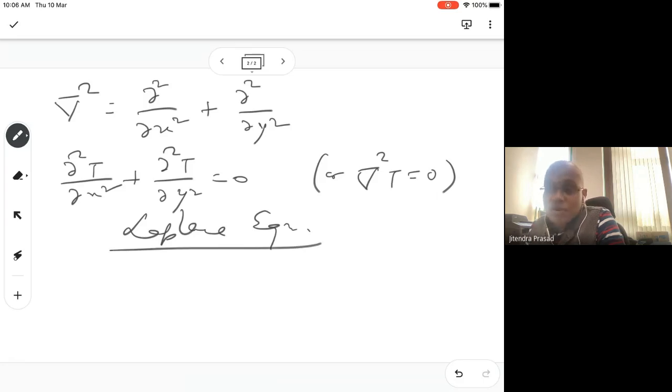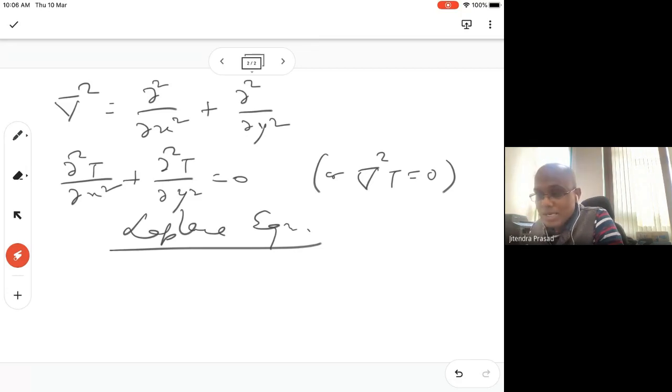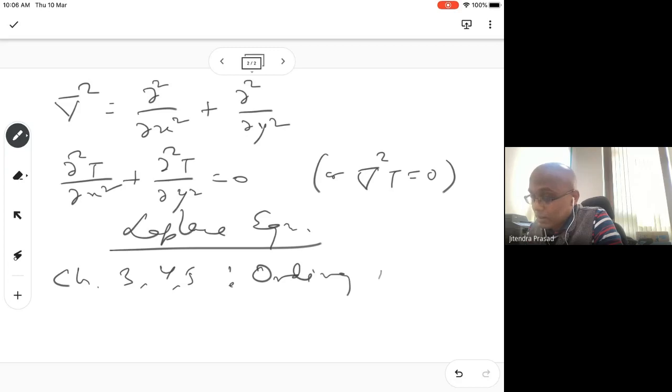Now we want to solve these problems. If you want to solve the Laplace equation, you must have done it in your differential equation course already. Remember that until chapters 3, 4, 5, we dealt with ordinary differential equations, because we had only one variable, so only x was the independent variable.